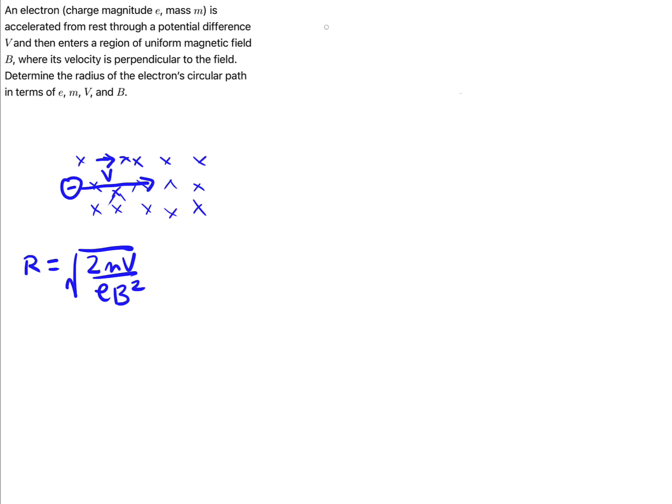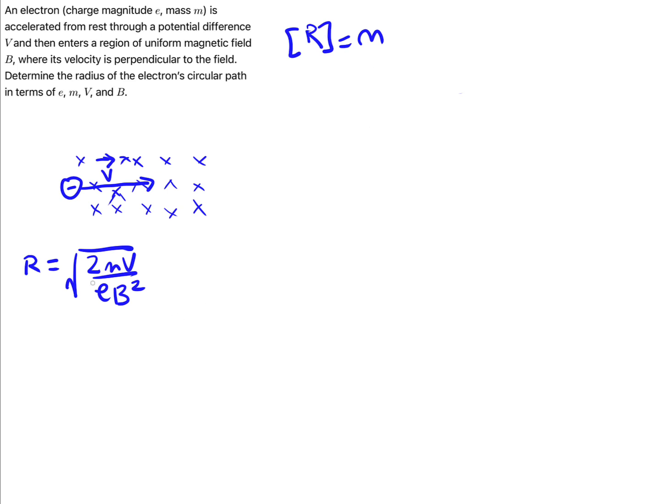So what that means is that the units of the left side, I'm going to denote by these square brackets, which mean that we are looking for the unit and not the variable itself. The units of the left side are just meters, since a radius is just a distance which is measured in meters.